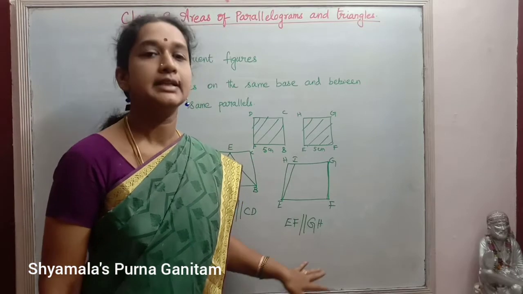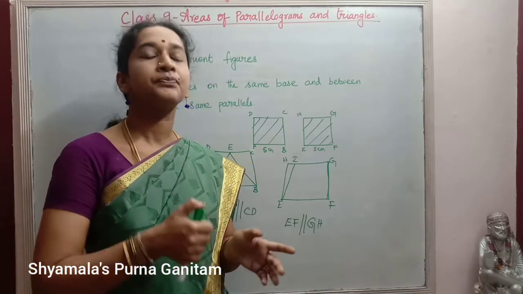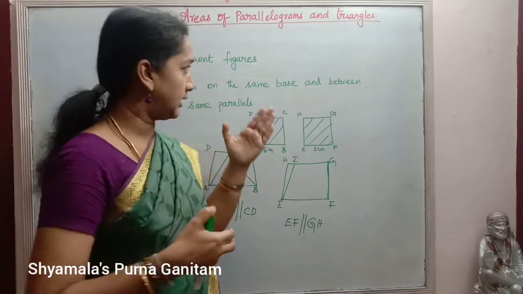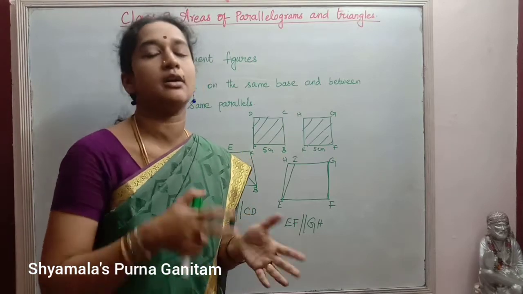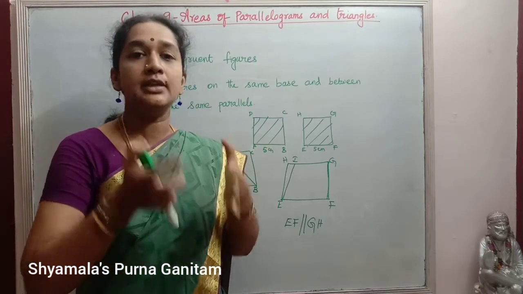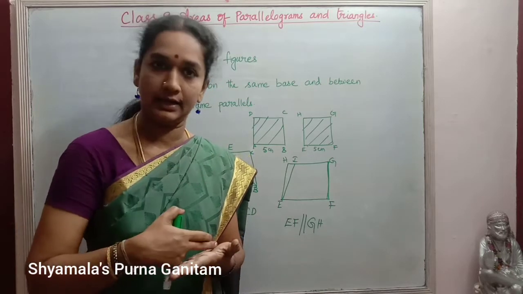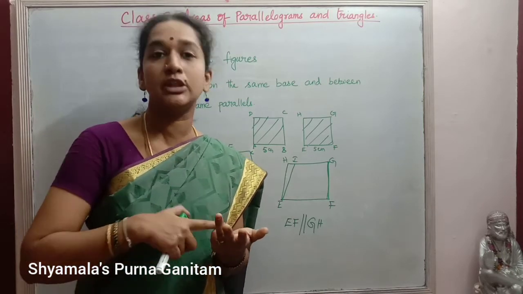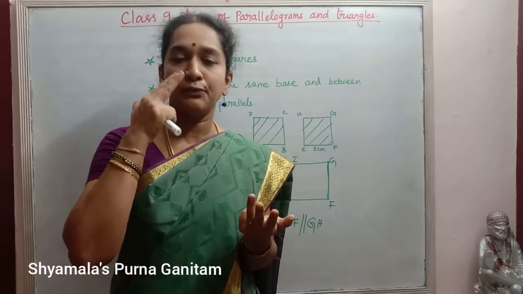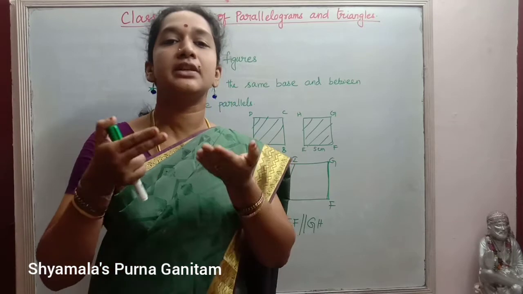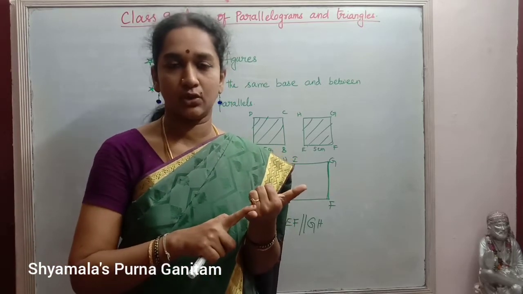Here in this chapter we are going to see two things: how the areas compare between two figures when they have the same base and lie between the same parallels. One is two parallelograms, where we are going to see how the area will be if they have the same base and lie between the same parallels.